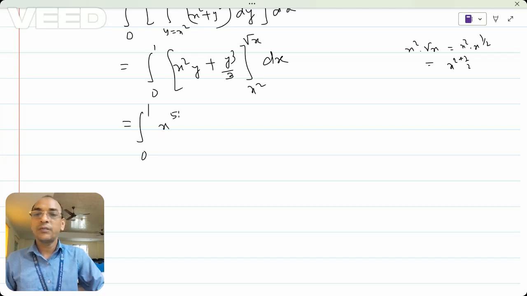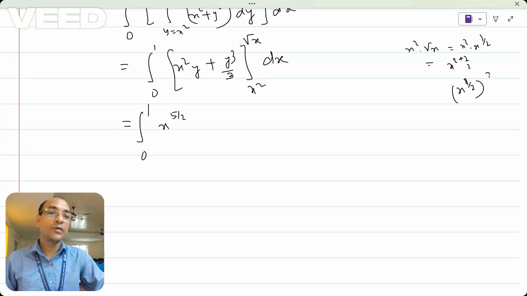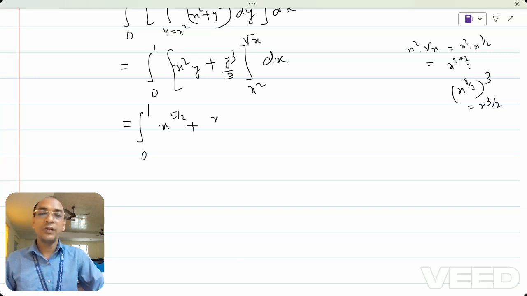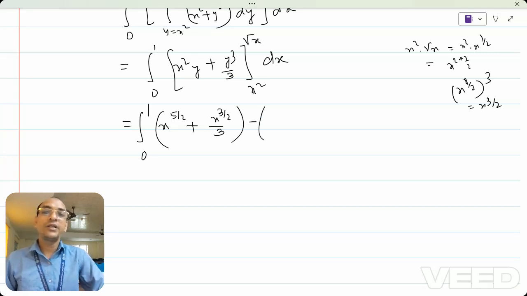Now for y cube, x to the power 1 by 2 cubed means x to the power 3 by 2. So the upper limit gives you x to the power 3 by 2 divided by 3, minus the lower limit. Lower limit is x square, wherever y is there you put x square, so x square into x square is x to the power 4, and x square cubed means x to the power 6, so x to the power 6 by 3.